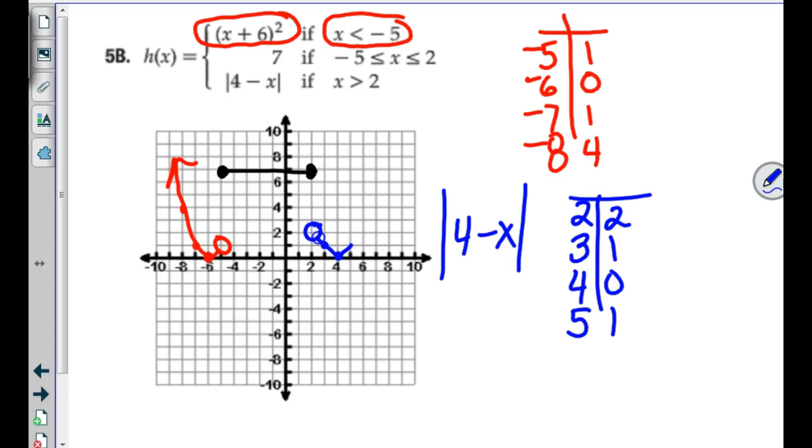Now do we have the right shape going on? Yes. Discontinuous at -5 and +2. Right? Those are the places it jumped.